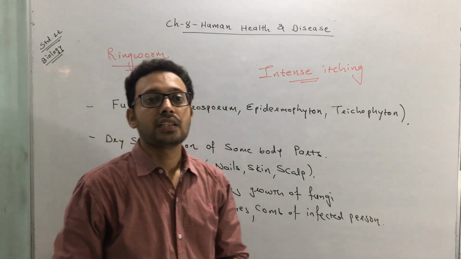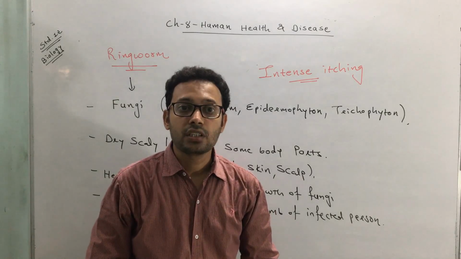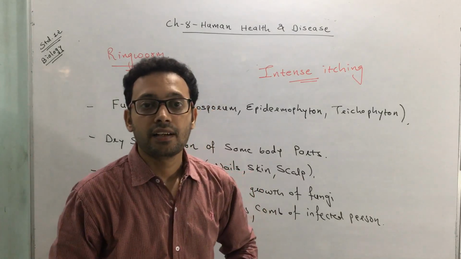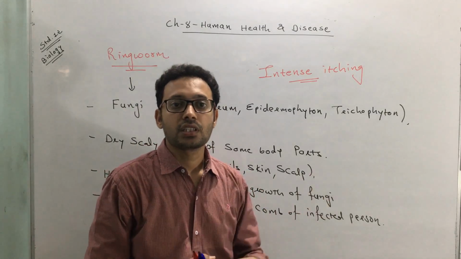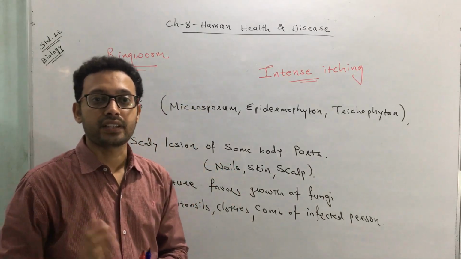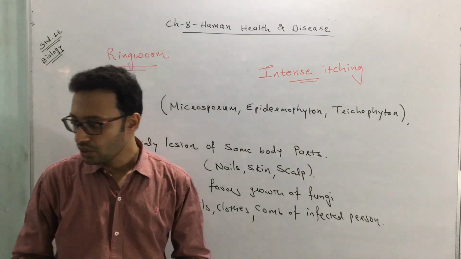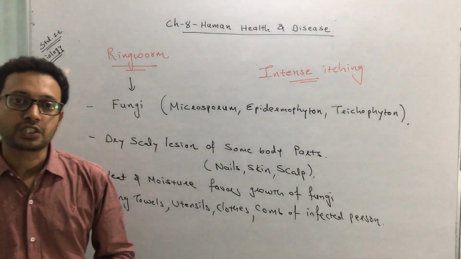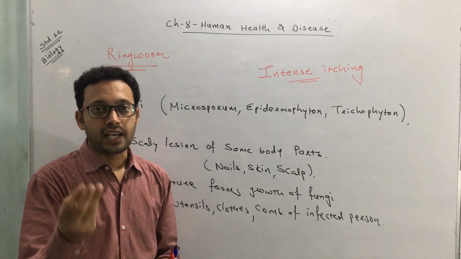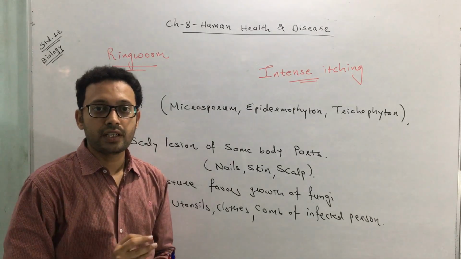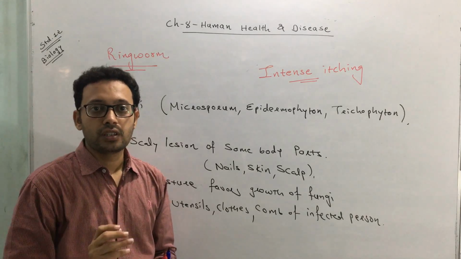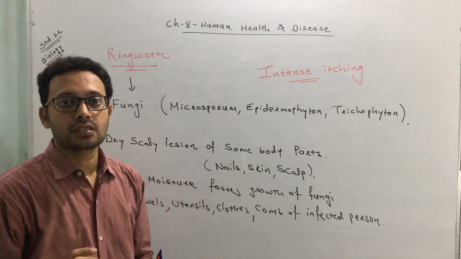Next, the sign is usually intense itching in whichever area gets affected. Okay, so this is ringworm, a fungal infection. So we have discussed this many disorders. First, typhoid. Second, pneumonia. Third, common cold. Fourth, amoebiasis.